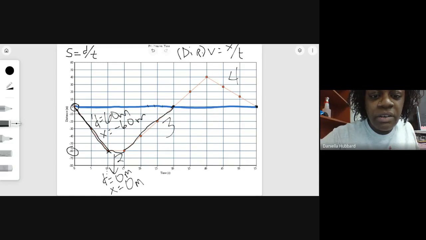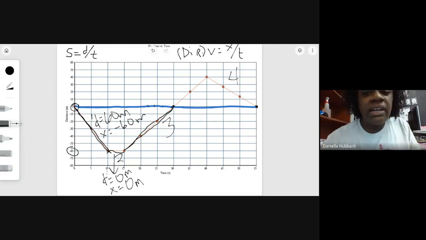The reason why we don't have this portion in the positive side of the graph is because we're still to the left of our house. Right now, we're just decreasing that distance.